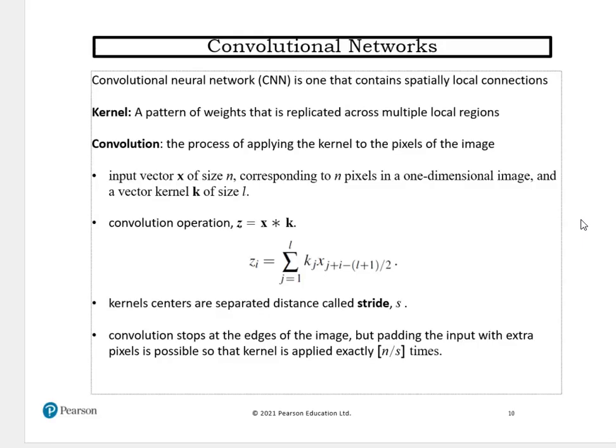In addition, suppose there are n pixels and n units in the first hidden layer, so that the pixels are provided as input to this first hidden layer. If the input and the first hidden layer are fully connected, we would end up with n squared weights to be trained, right?